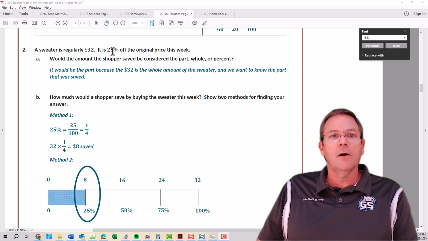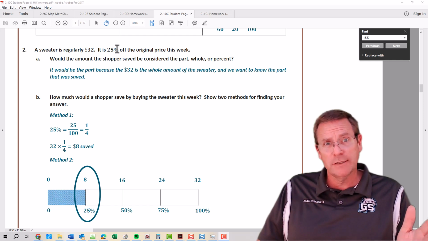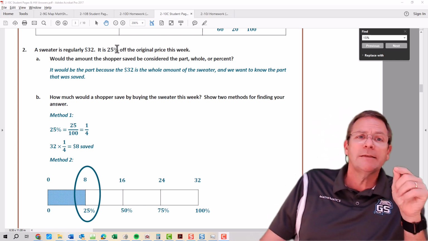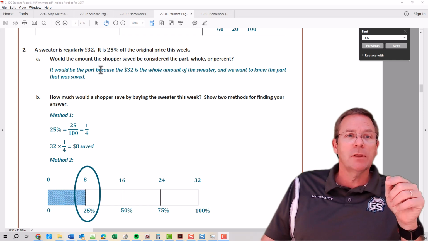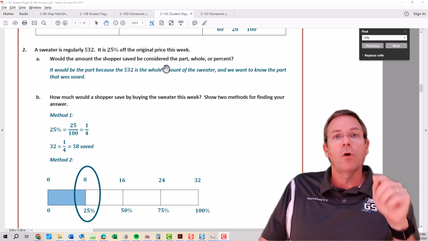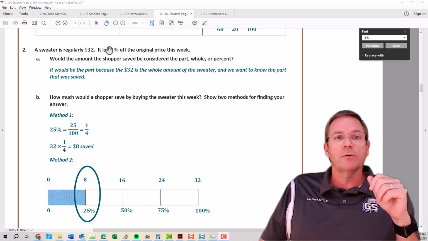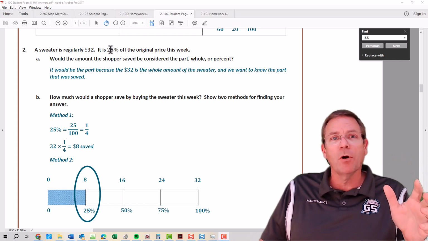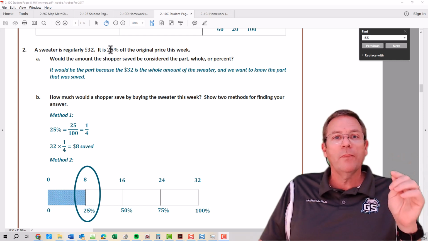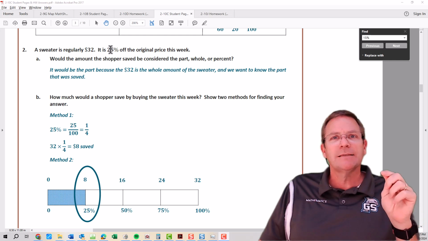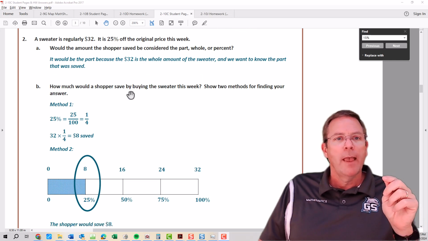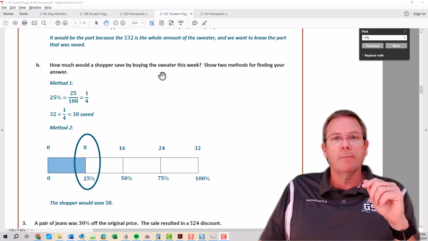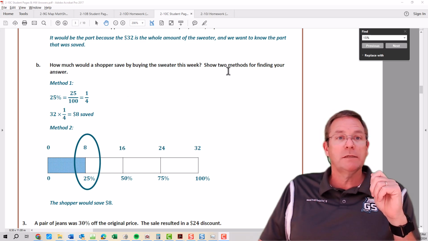Well, right now, they're saying that they're saving 25%, so they are saving a percent, but what they saved is going to actually be a part of the whole $32. The percentage is how much of the part they saved, but what they're actually saving is a part of the whole. How much would the shopper save when buying the sweater? A couple of different ways they solved that.